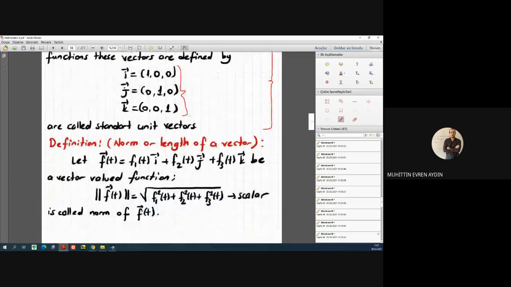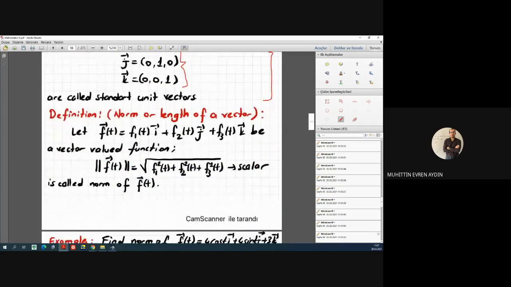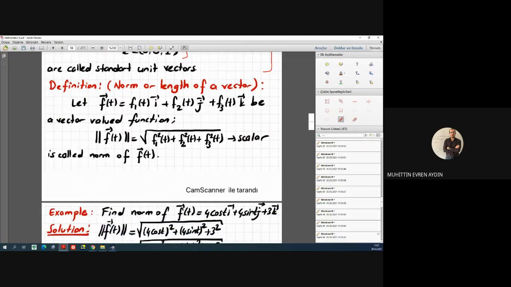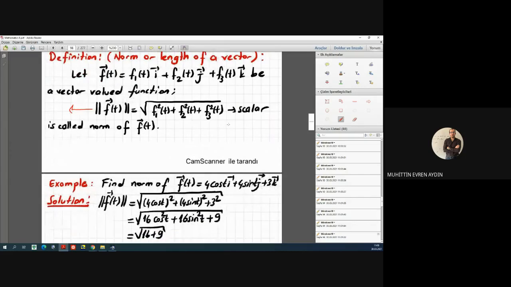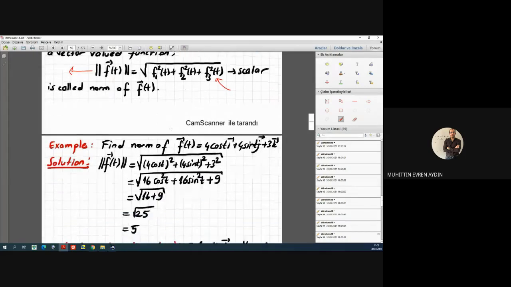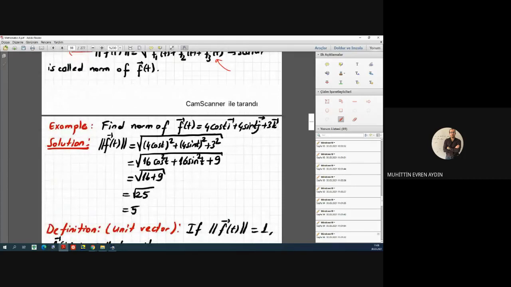Okay, and the norm or length of a vector valued function is defined by this equality. Of course, this statement is scalar. For an example, let f(t) be defined by cosine t, sine of t, and 3.